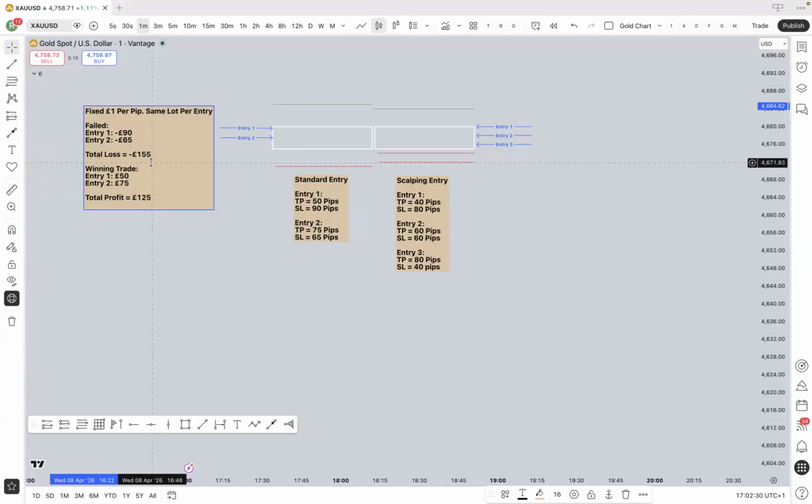That's not the end of the world because, as you know, our win rate, our win percentage is extremely high. So you would need 2 wins with both levels activating in order to be in profit, or you'd need roughly 3 wins if only entry 1 was to activate to keep yourself at break even.